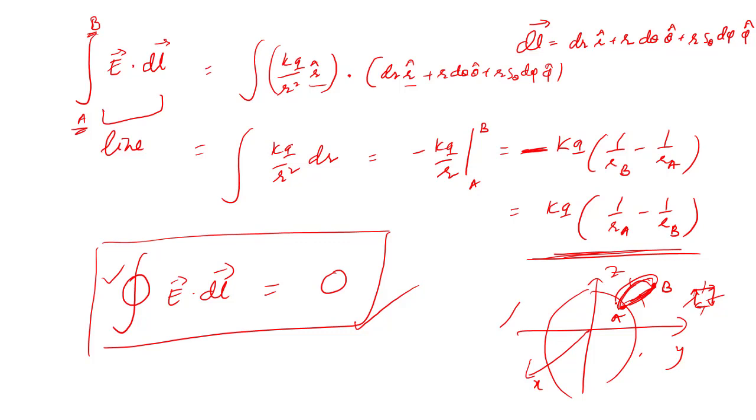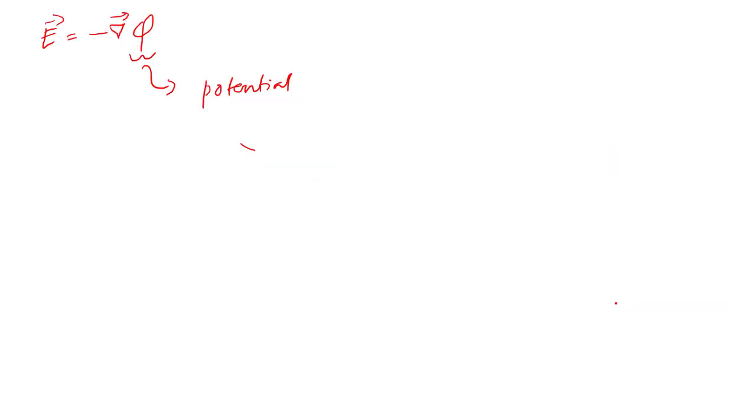So we can use this to write the electric field as gradient of phi. If you remember from homework 2, you showed that curl of a gradient is 0. This was one of the homework problems in homework 2.